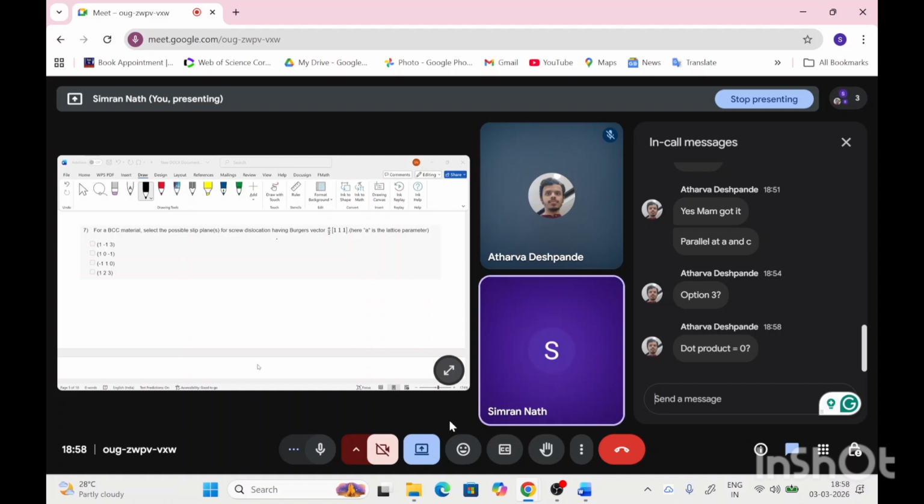Dot product is 0. Yeah. So can you tell which option is correct?